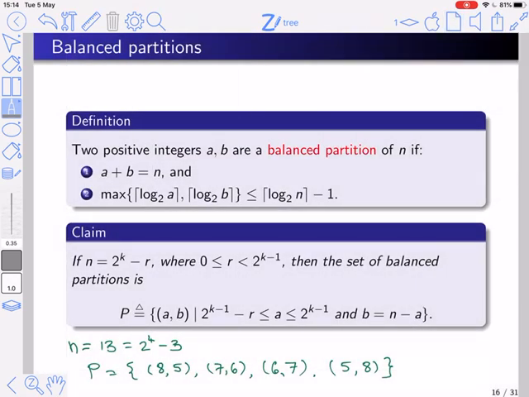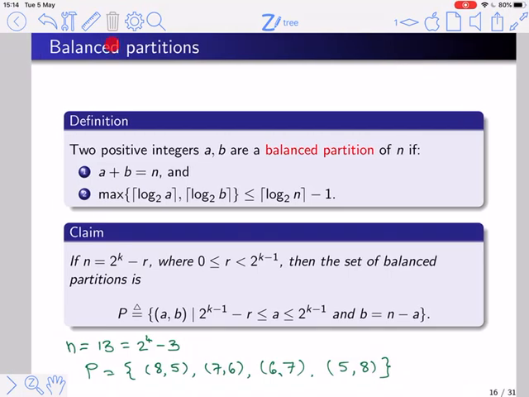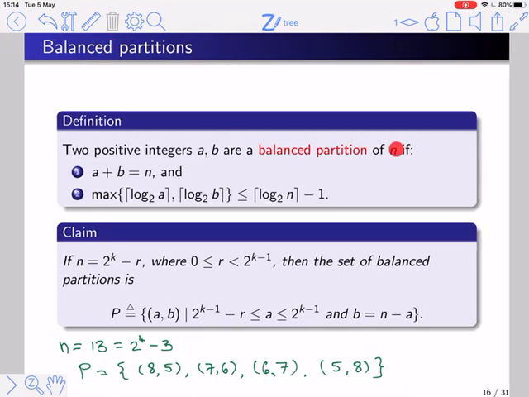So let me define what a balanced partition is. Given a number n, we say that a and b are a balanced partition of n if a plus b equals n, and the log of a rounded up and the log of b rounded up are both bounded by log of n rounded up minus 1.